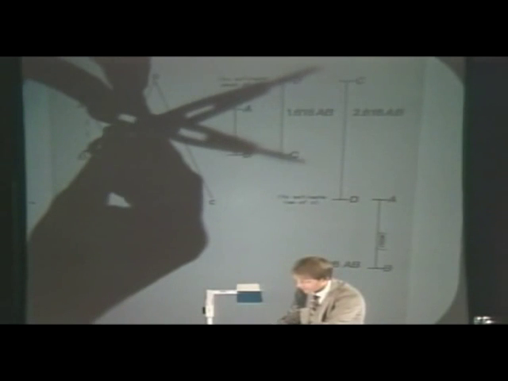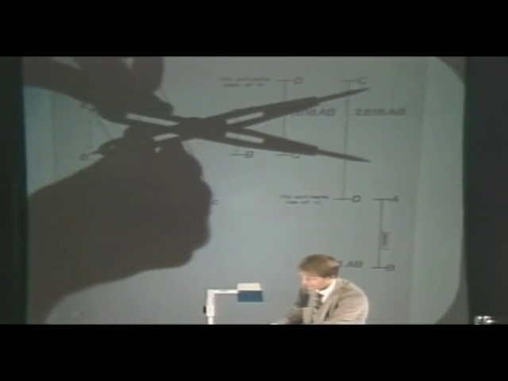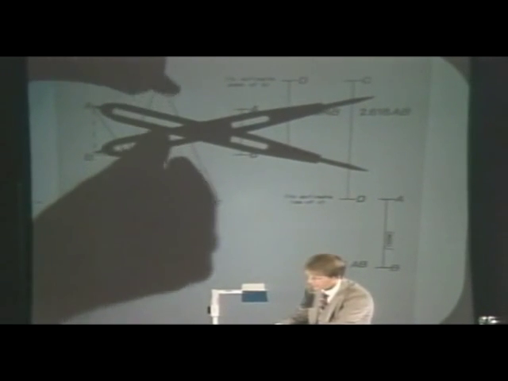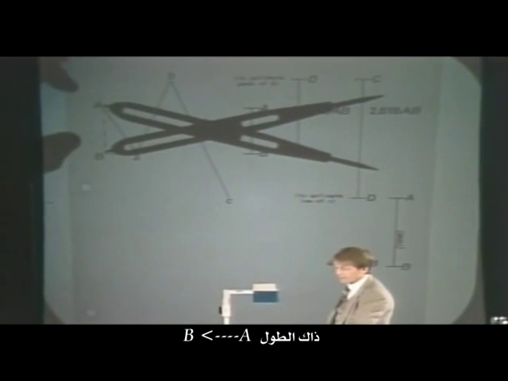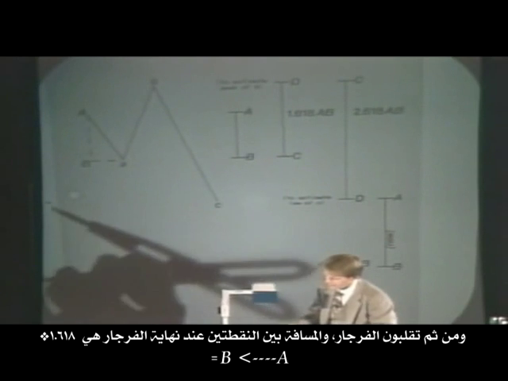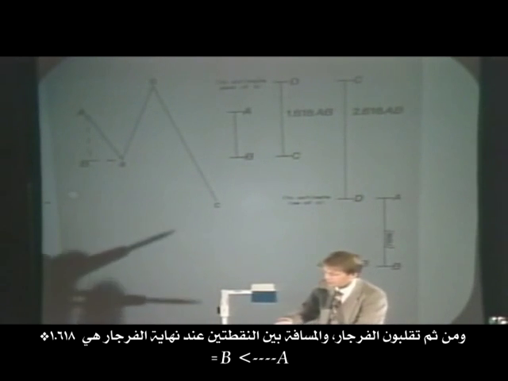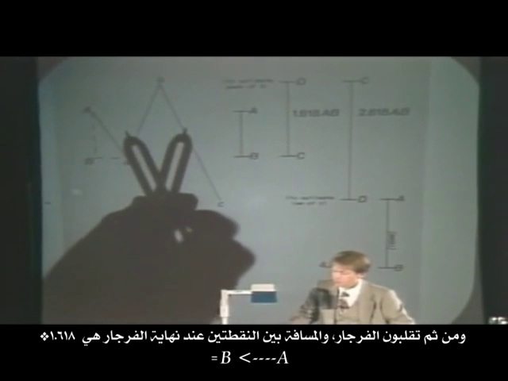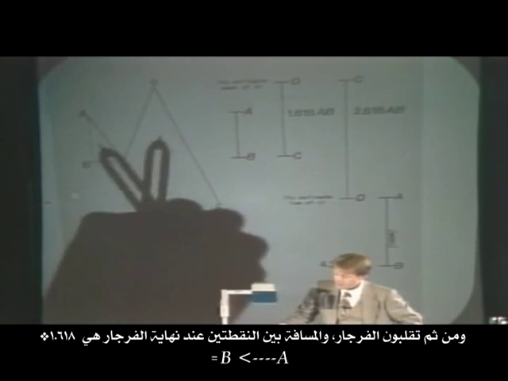And you measure that length, AB. Then, flipping the compass, the length between the 2 points at the bottom of the compass is 1.618 times AB.